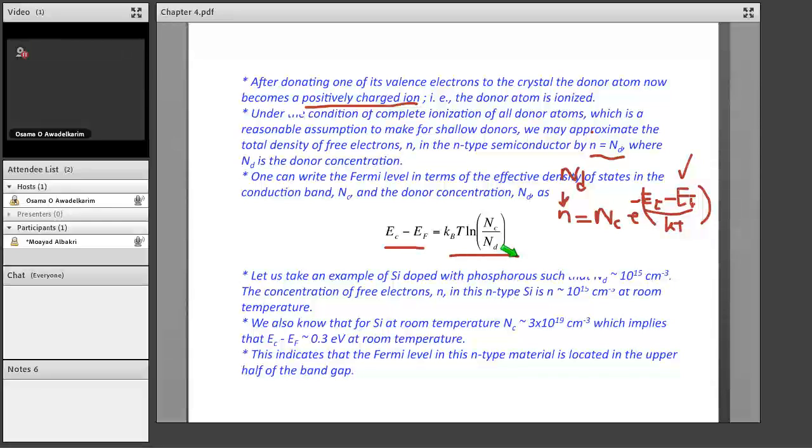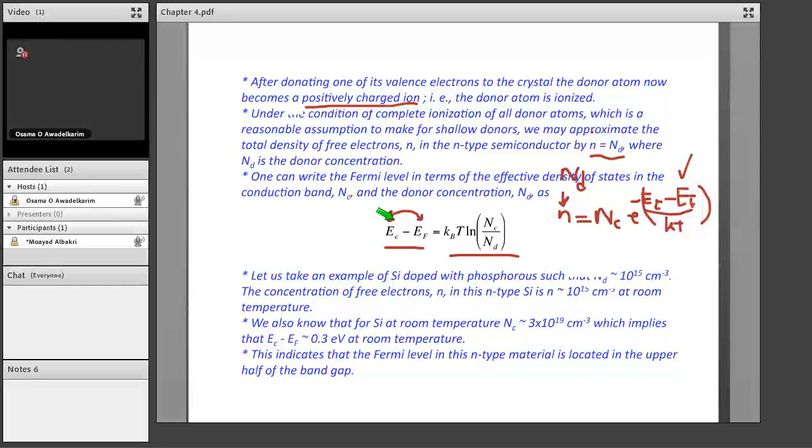If you put in Nc and Nd and calculate, you will find that Ec minus Ef, the distance of the Fermi level below the edge of the conduction band, is much smaller than the middle of the gap.